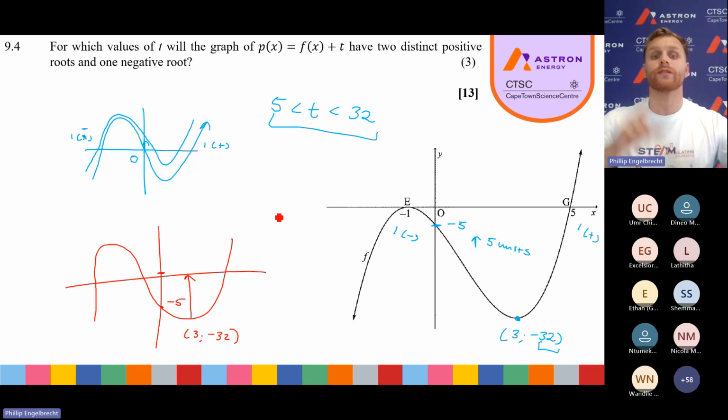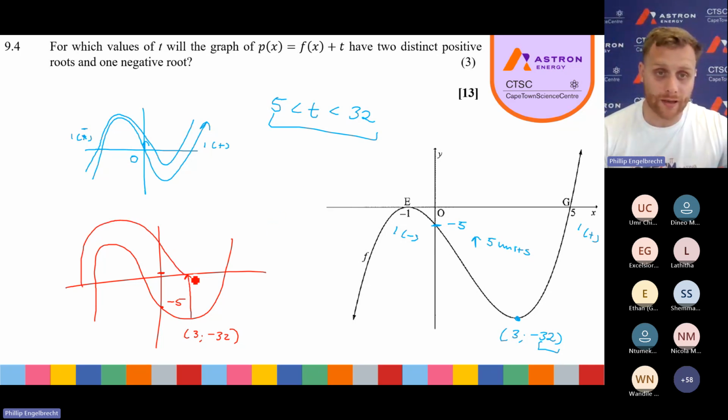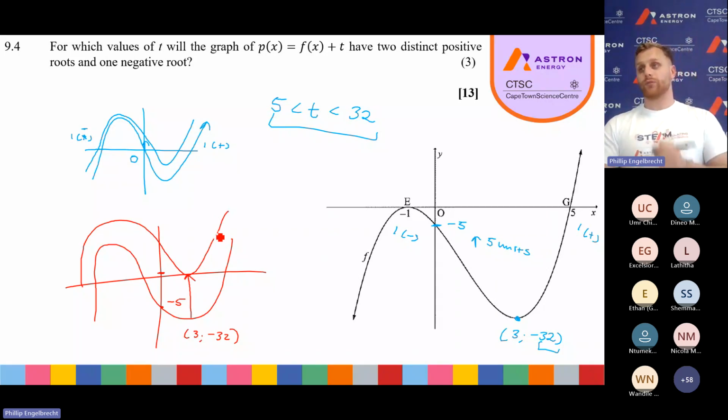Because if I move this thing up 32 units, this thing looks something like that. And now we sit with a problem, because we only have one negative root, and again, we have one positive root. So I can move this function up as much as I want to get the outcome that the question asks, but it can only be between 5 and 32 units.